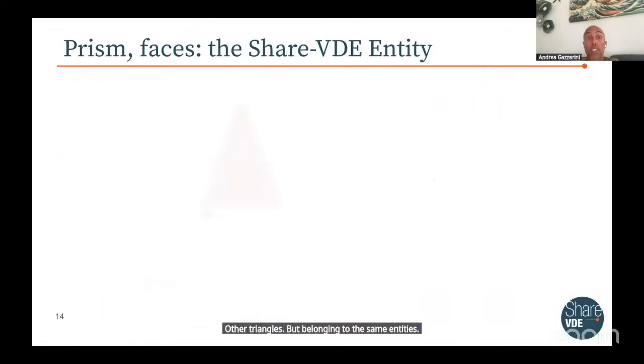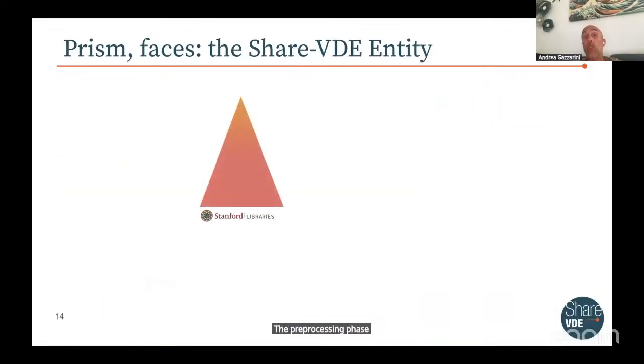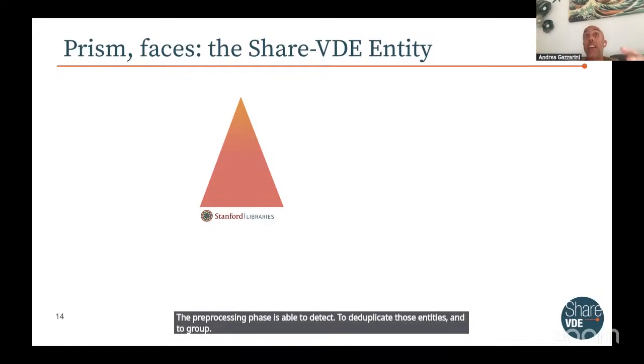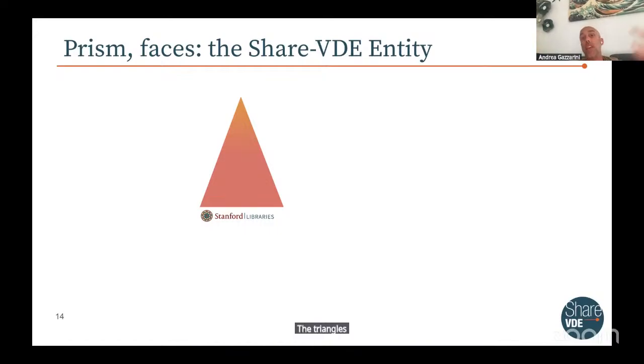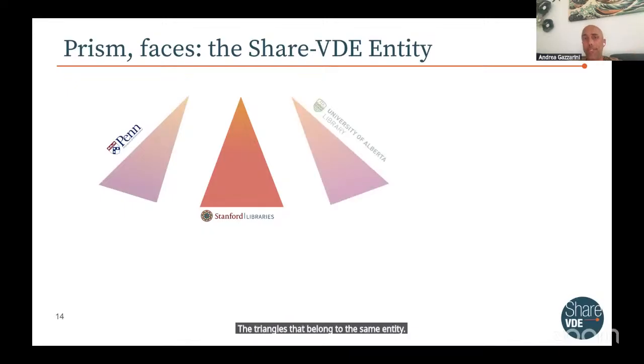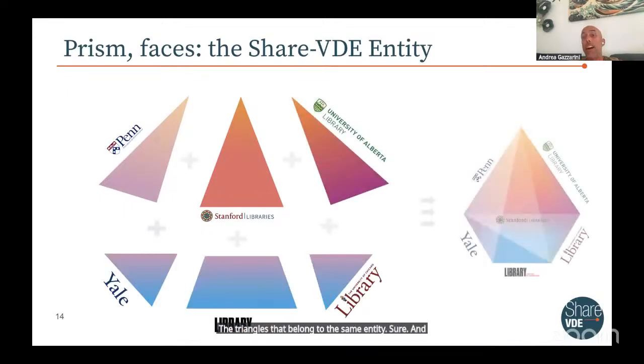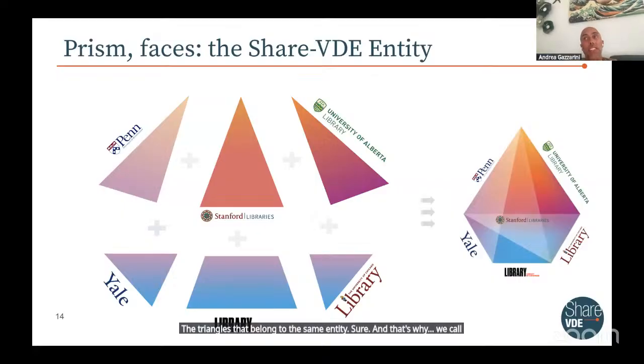The pre-processing phase is able to detect and deduplicate those entities and to group the triangles that belong to the same entity. And that's why we call the grouped entity a prism.